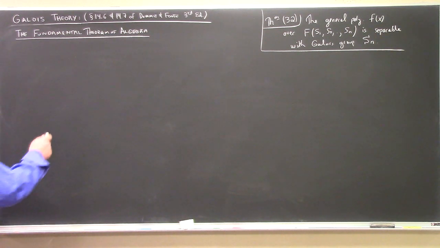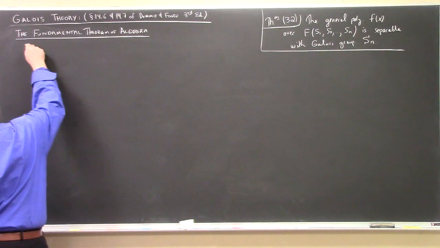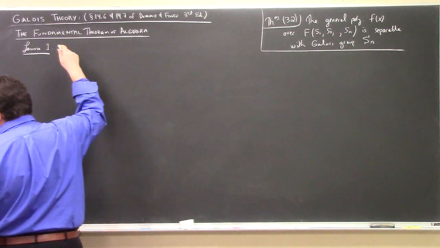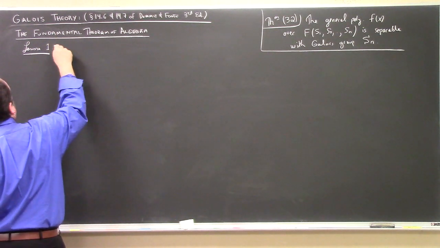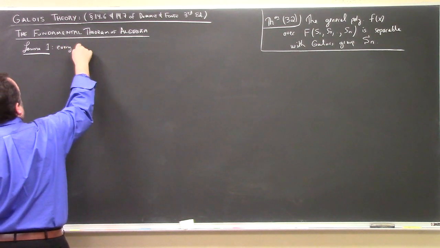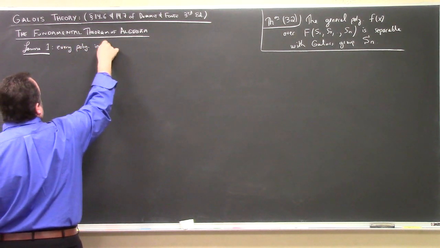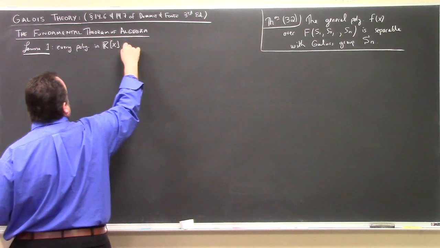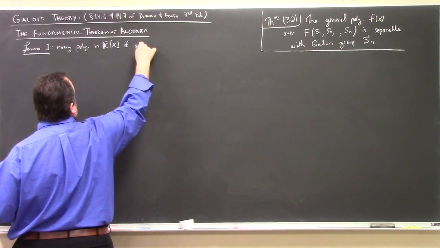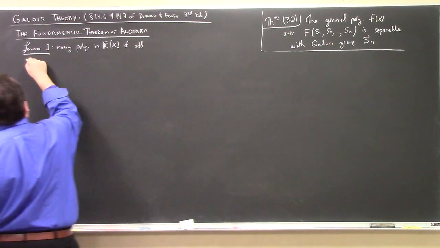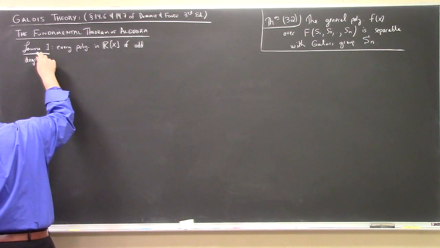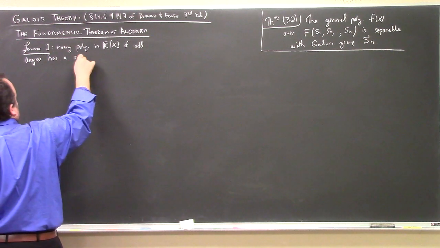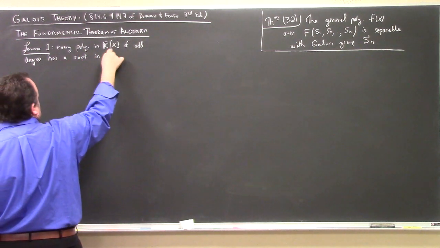Okay, so here are the two lemmas. Lemma 1: every polynomial with real coefficients of odd degree has a root in the reals.